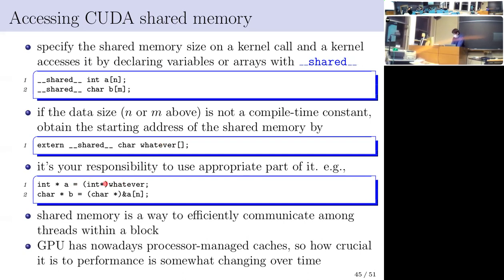For example, if you want to allocate some number of integer elements, an array of integers, you assign whatever to a pointer to int, and you assign a plus m, this address, to the next array you want to allocate.